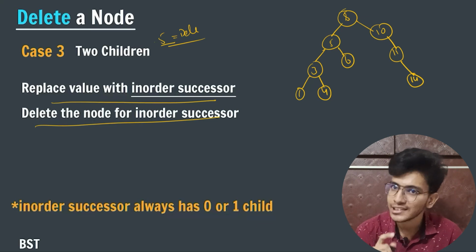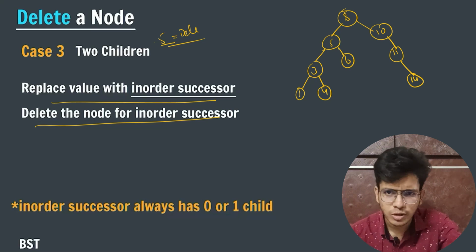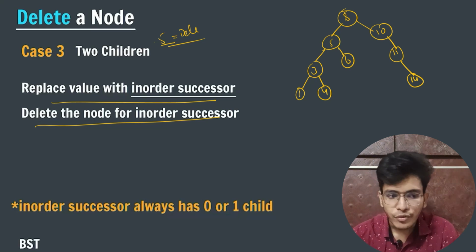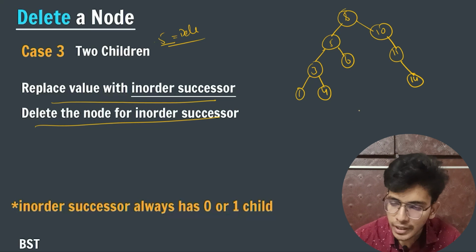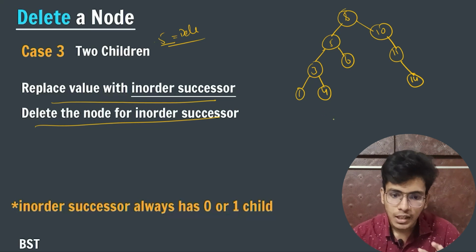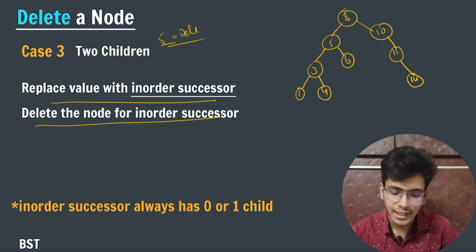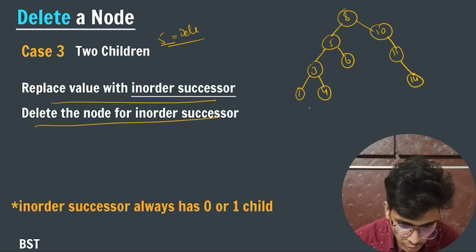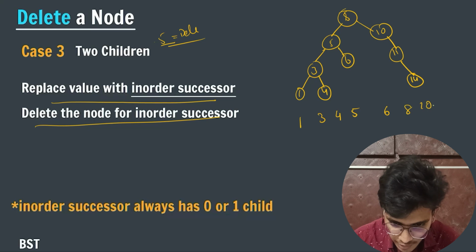What do these two lines mean? Let us understand this. If we understand the third case, we have understood the two simple cases. If we understand this third case, then we can easily code the overall approach. So first of all I will take the in-order sequence for this tree. If I print the in-order sequence, my output will be 1, 3, 4, 5, 6, 8, 10, 11, 14.